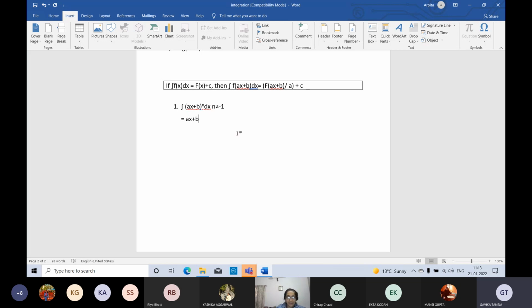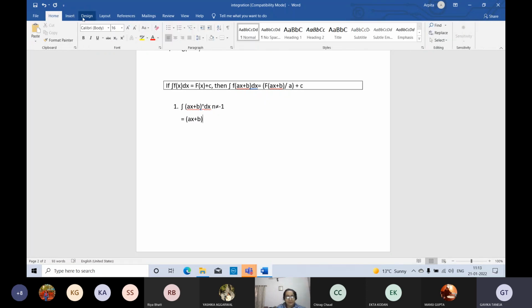raised to the power n plus 1, upon (n plus 1) into a, and obviously there is a c always that is going to be there.